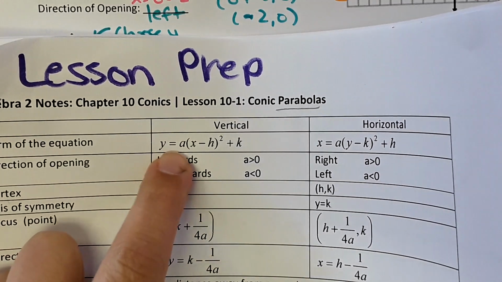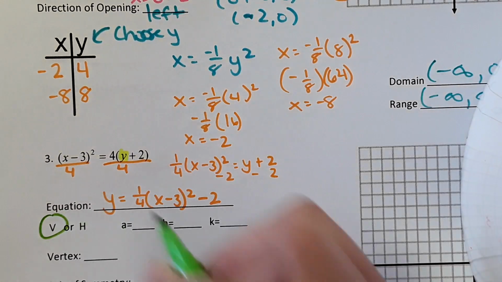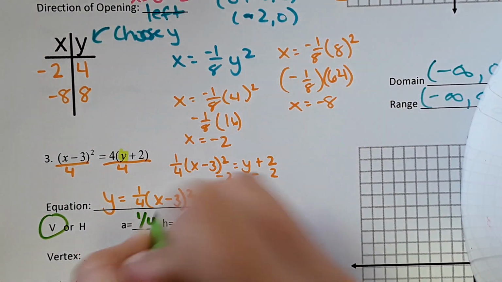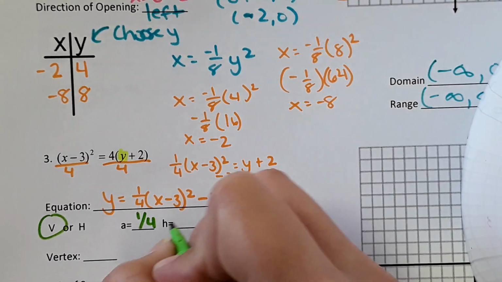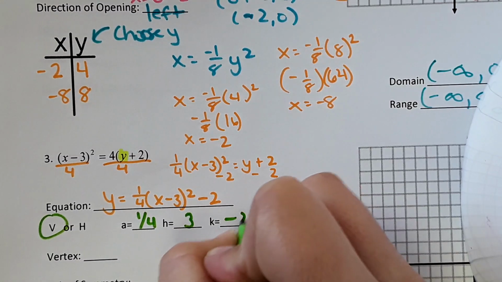And then it's y equals, so it is vertical. Our a is 1/4. h and k, this would be +3, -2.